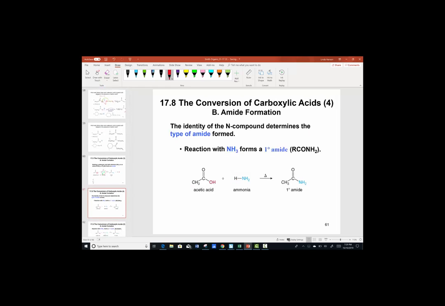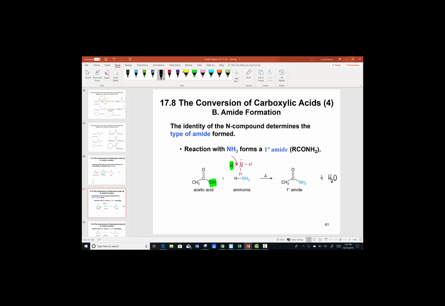Here we have ammonia, NH3. If I look at that structure, one of those NH bonds is going to break. And remember that a hydrogen and the OH from the acid combine to make water. So that's still there. There is a water molecule being lost.